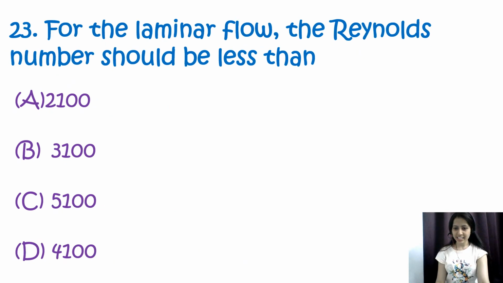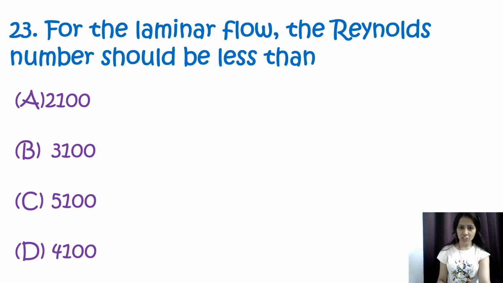Next question number 23. For the laminar flow, the Reynolds number should be less than 2100, 3100, 5100, or 4100. So what exactly does this Reynolds number do? It provides information about the flow regime, that is laminar, transitional, or turbulent flow. For the laminar flow, the Reynolds number is typically less than 2100.